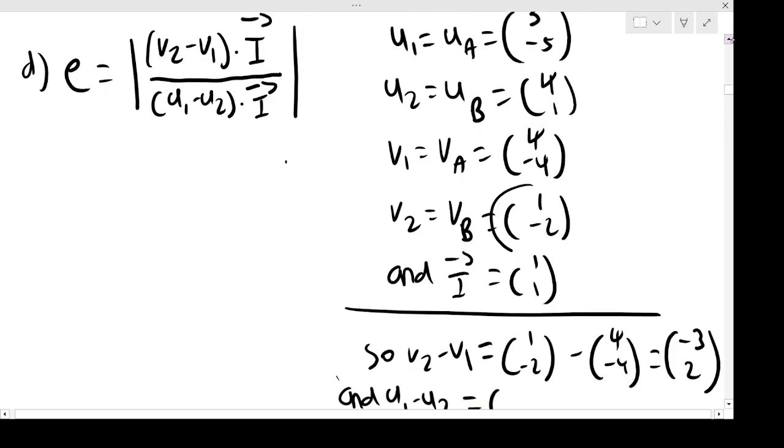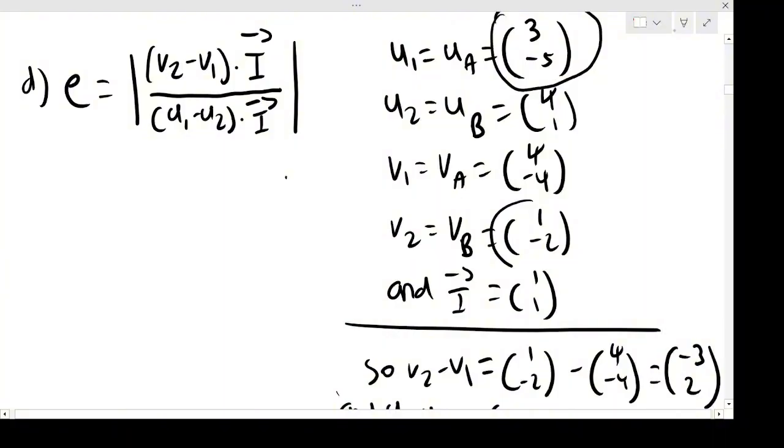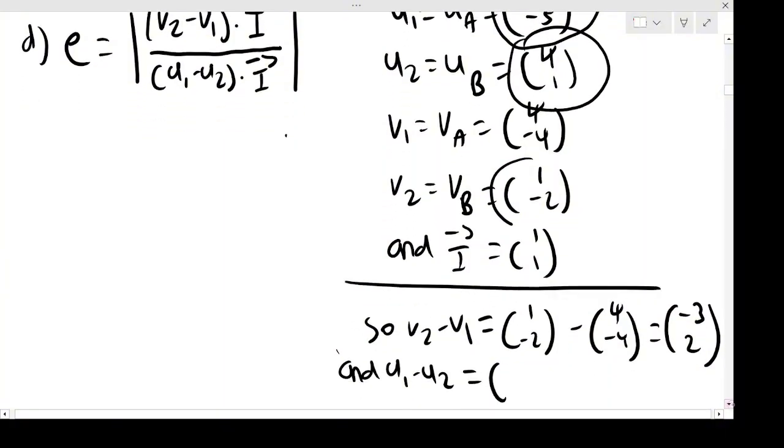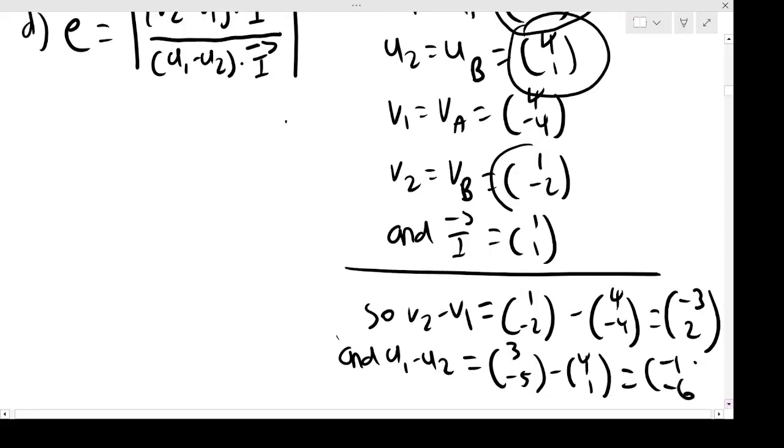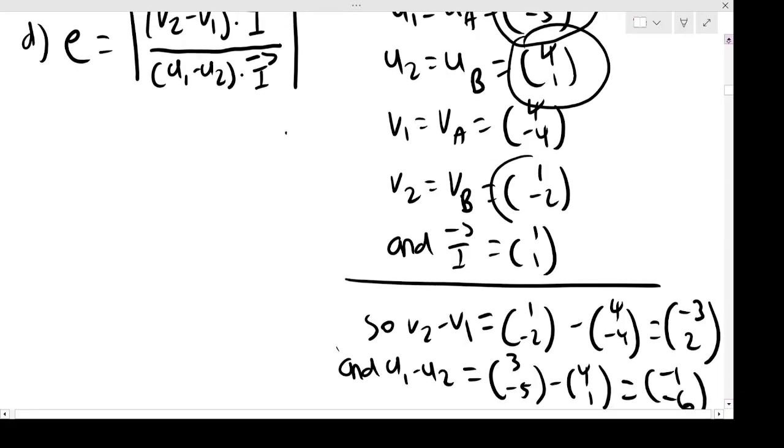U1 is 3, 5 and U2 is 4, 1. So 3 take away 4 is minus 1 and minus 5 minus 1 is minus 6. So that's absolutely everything.